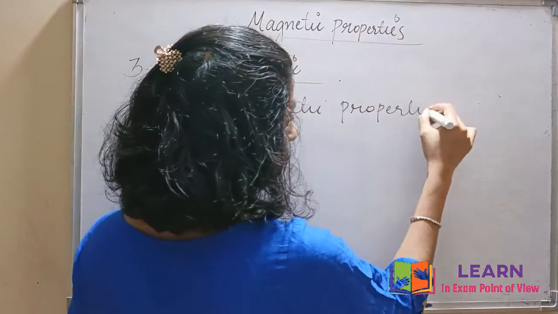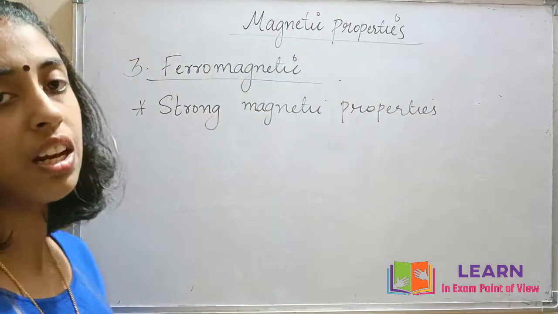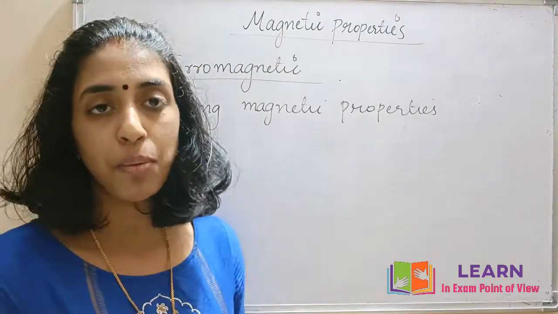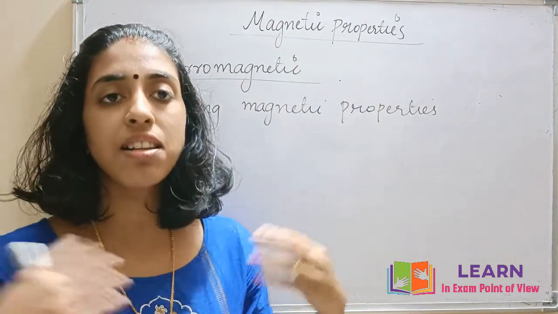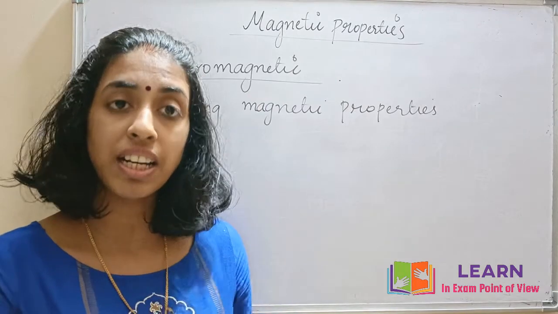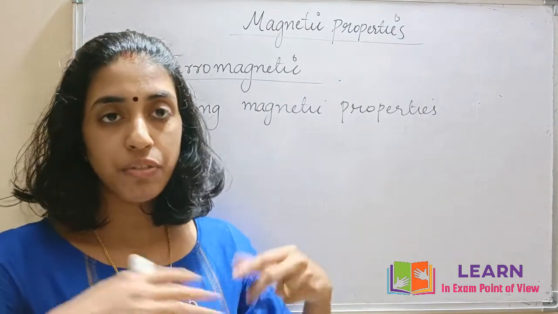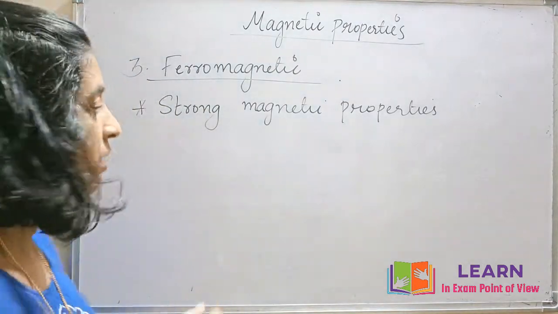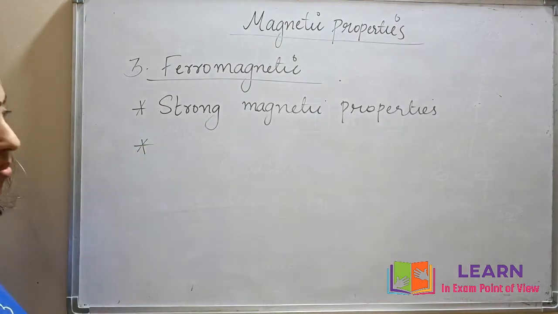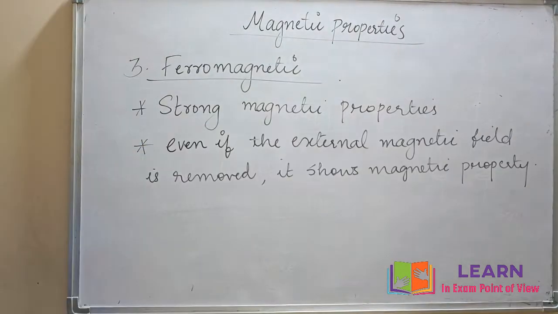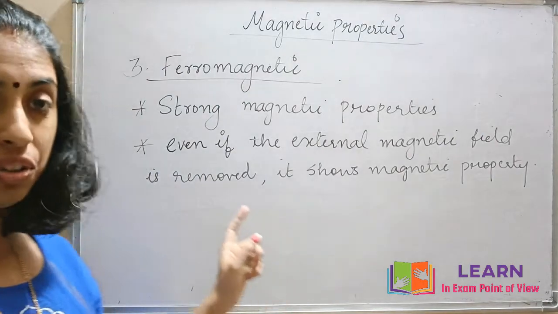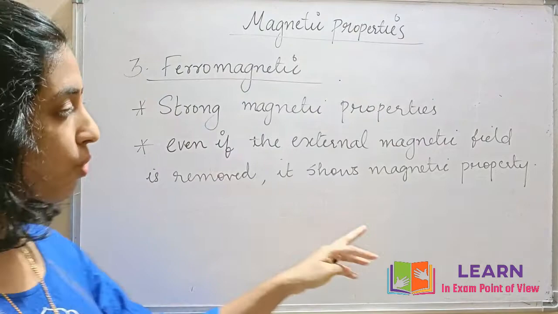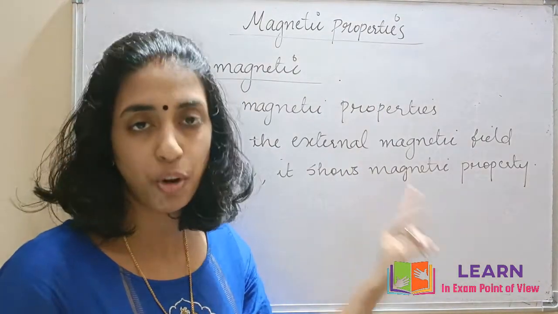Even if we place the substance in an external magnetic field, it is strongly magnetic, and even if we remove that external field, it will retain the magnetic property. This is the second point you can note: even if the external magnetic field is removed, it shows that magnetic property.